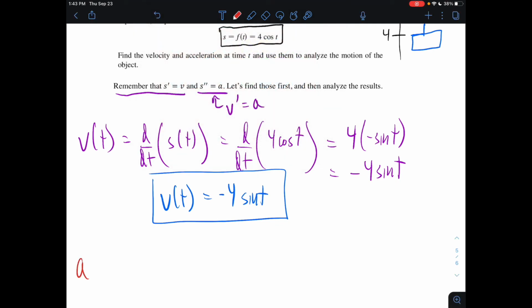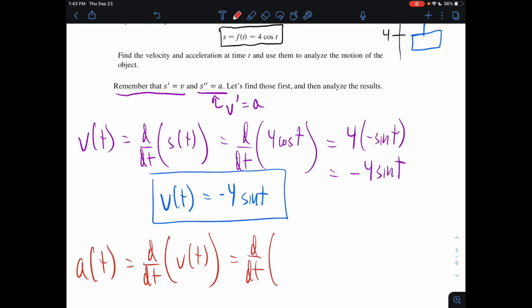So the acceleration function, a of t, is the derivative with respect to t of the velocity function, which means the derivative with respect to t of negative 4 sine t, which gives us negative 4 times the derivative of sine t, which is cosine t.